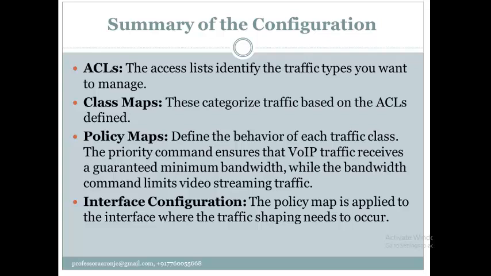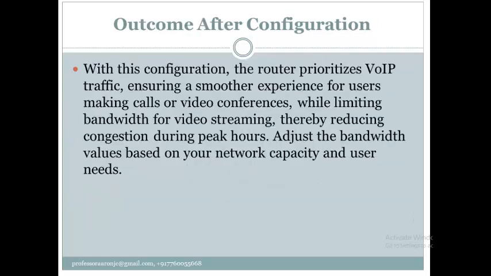During the congestion time, during the peak hours, if the packets are beyond the capacity, it will be handled as per your configuration. Voice will go into the priority queue, video will go into the bandwidth prescribed of 500 kilobits, and all other traffic will go through the fair queue. By doing so, it can reduce the congestion.